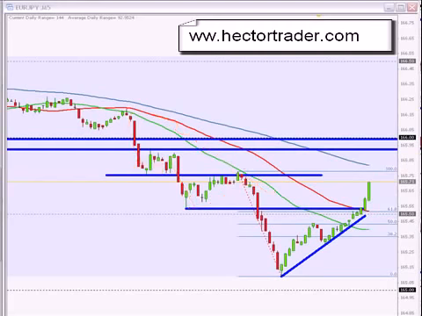We have a previous double bottom here, former support now working as resistance. Also, this is the 50% Fibonacci level, which I've measured already, and of course the dynamic area of resistance. We have a trend line break right there.